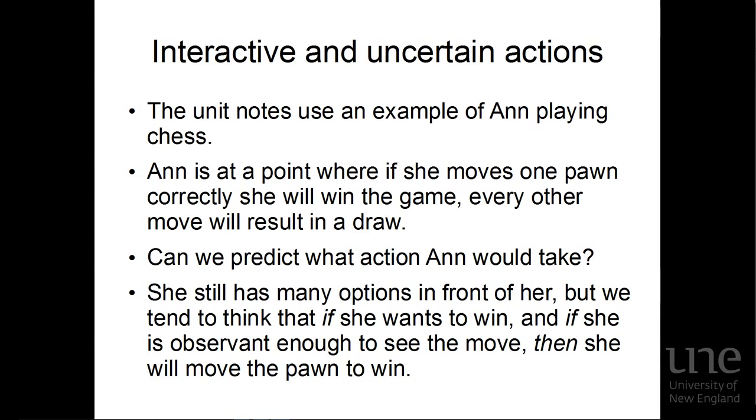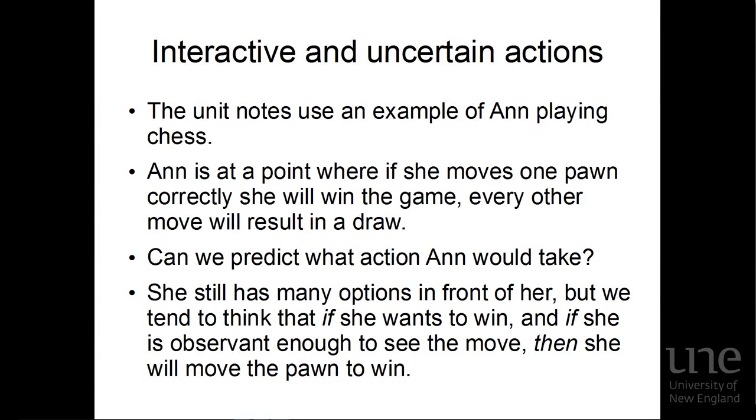And she is rational enough to see the move she can make that will result in this, and rational enough to see that all other moves are suboptimal in this particular instance. This is one of the explanations about how we can both be free and predictable. And the prediction is conditional.